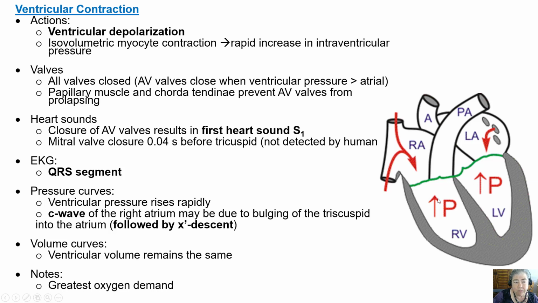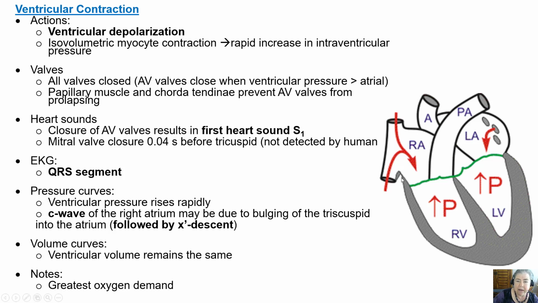On the EKG, ventricular depolarization results in what we call the QRS complex. Ventricular pressure rises rapidly. There may be a little bit of an increase in right atrial pressure or jugular venous pressure because the tricuspid valve bulges back up into the atrium.